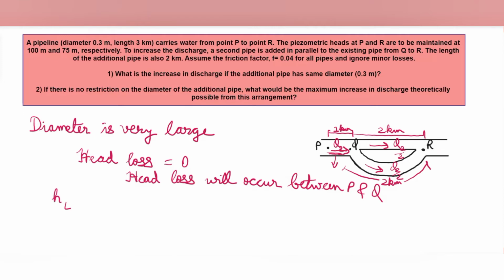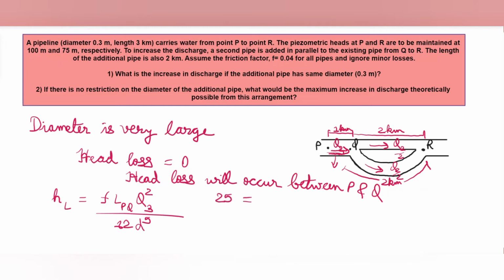And we'll use this equation, which is HL is equal to F LPQ Q3 square upon 12 d raised to 5. Here I am denoting the discharge by Q3 because this is a new case.